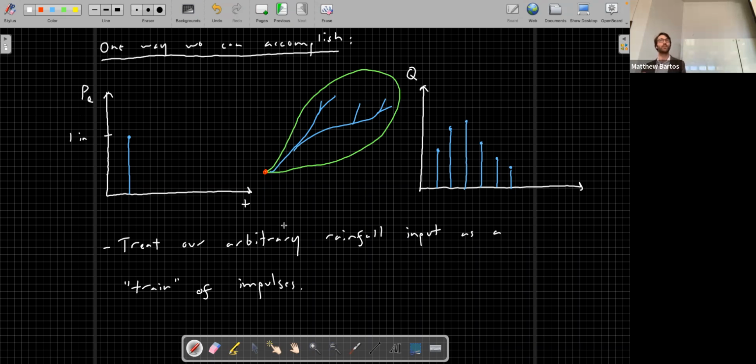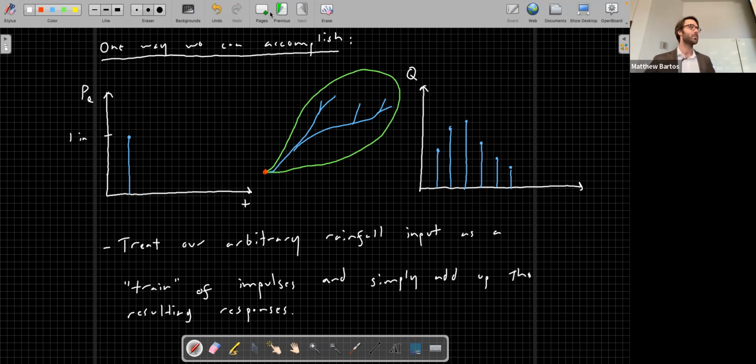We can treat our real rainfall event that we're interested in as essentially just a sum of different impulse rainfall events at different moments in time. And all we have to do is simply add up the resulting responses.